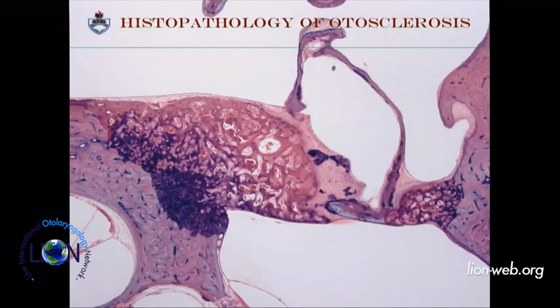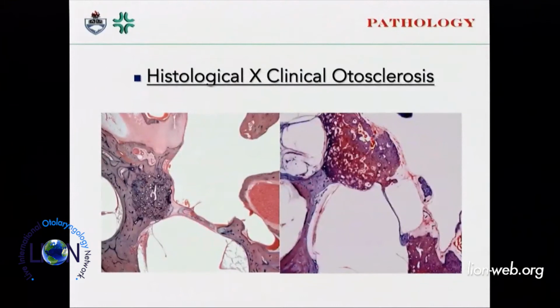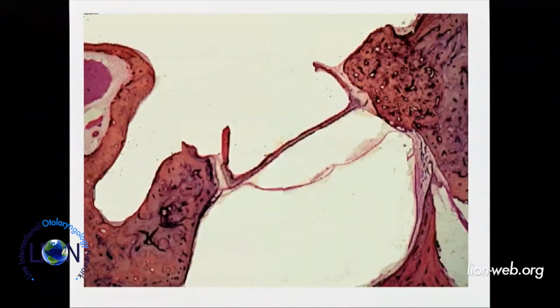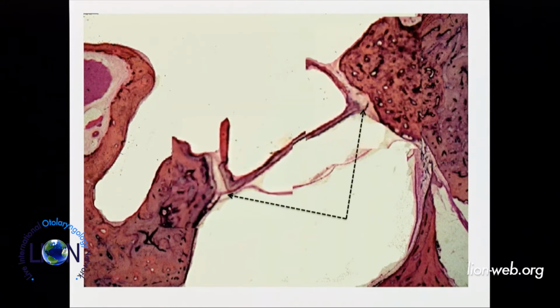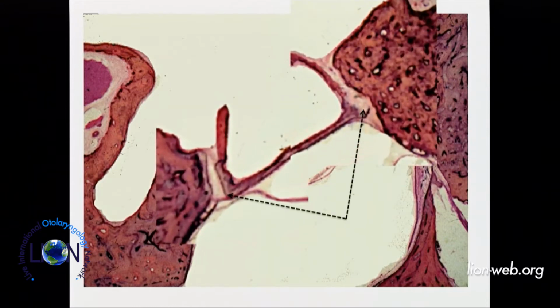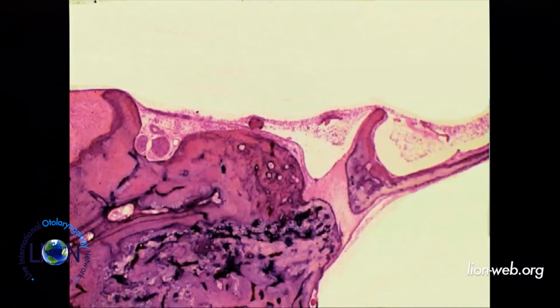Let's see something that is very interesting. The difference between histological and clinical otosclerosis that you can see in the next slides. Here we have a focus of otosclerosis right in front of the footplate. But if you blow it up, you're going to see that the ligament is free of disease. So you have histological but not clinical otosclerosis in this case. Here is the same.